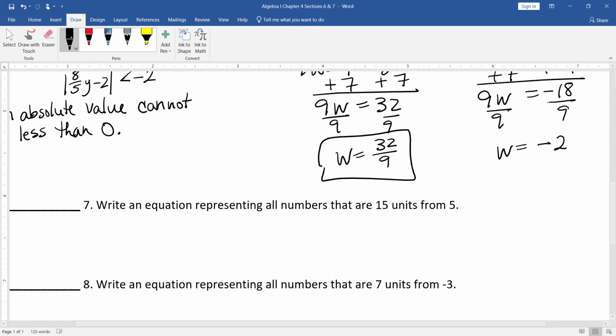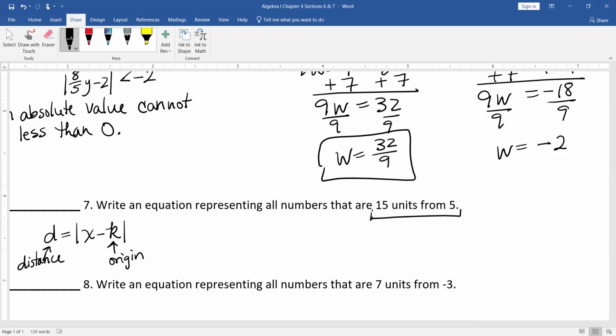So this is where I was talking to you guys about the formula for distance, and I'm just going to write it as distance equals the absolute value of x minus k, where d is distance and k is midpoint or the origin. So this is the origin, and this is the distance.